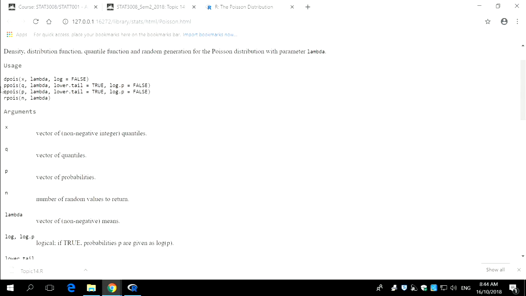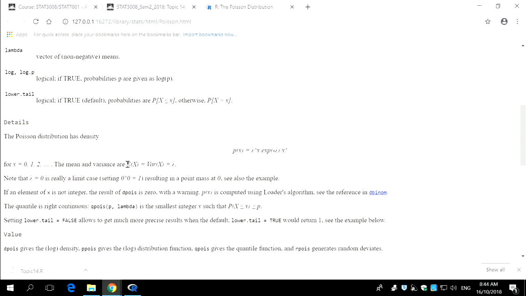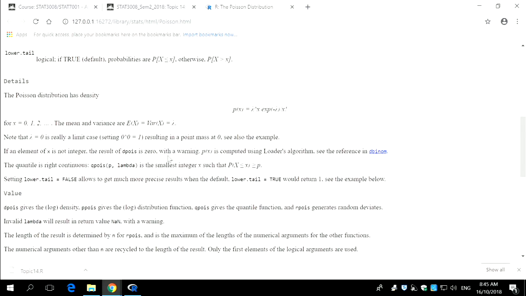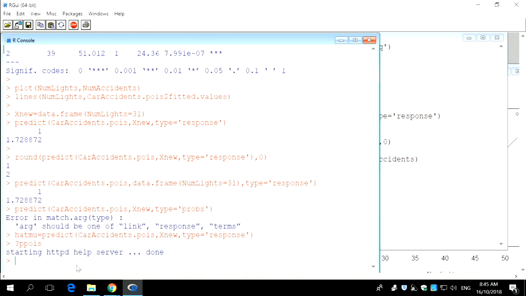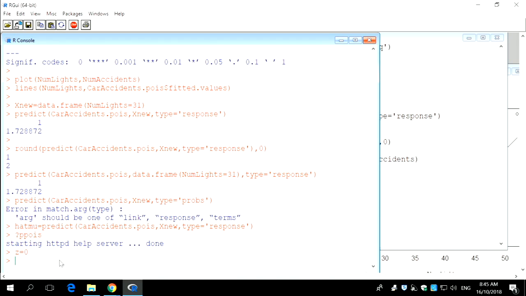I think it gives us the probability that z is smaller or equal to Q, so we can have a try in R. So PPOIS, and we need to input the probability, so maybe let's specify lowercase z equals 0, and we want to get the probability that z is smaller or equal to 0.